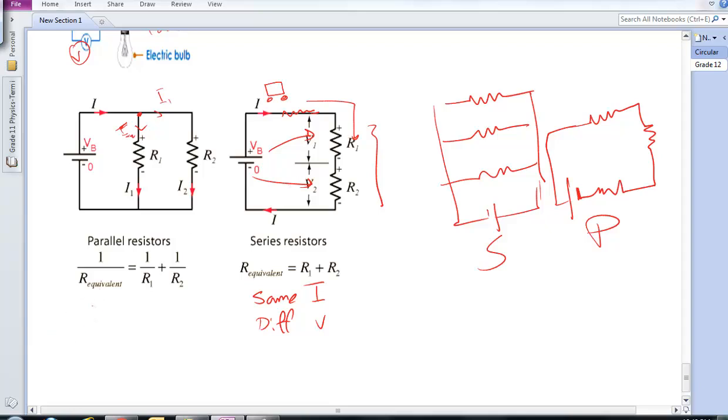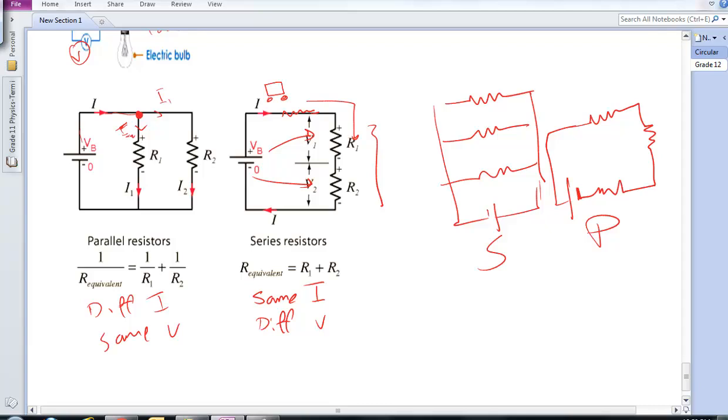Here, for the parallel circuits, it's the opposite. The case is totally opposite. So we have a different current, while they have the same voltage. And as you can see, the current is like a car that moves here, and then there is a crossroad.